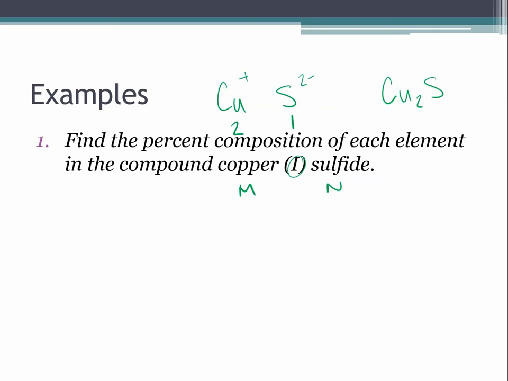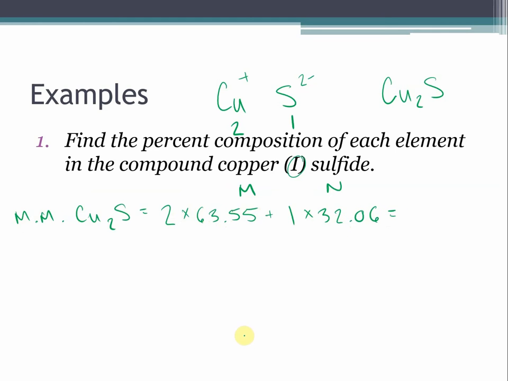Now that we know this, we can start working percent composition. But again, when you do the percent composition of each element, you're going to be dividing it by the total mass of the compound, which we should probably find before we try and work this problem. So the total mass of the compound is going to be the molar mass of the compound. To find the molar mass of Cu2S, we'll do 2 times the mass of copper, which is 63.55, plus 1 times the mass of sulfur, which is 32.06.